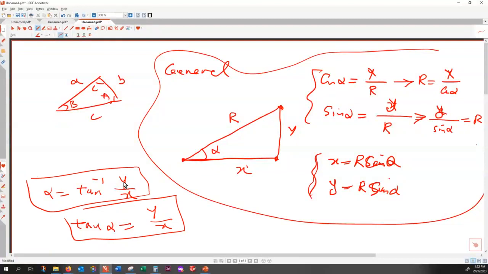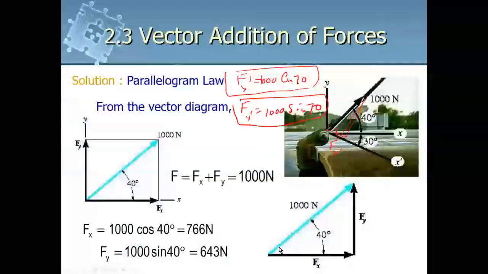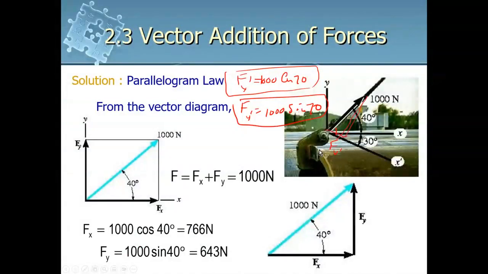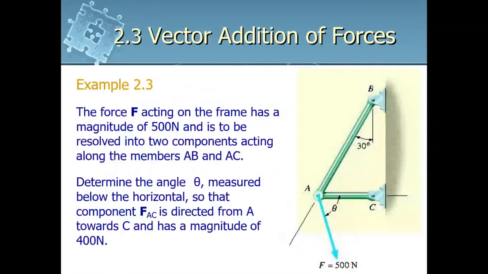So if you are provided with y and x and you want to find alpha, you use this equation. If you are provided with alpha and x, you know that y is x tan alpha. So these are different ways of writing the same expression, and make sure you do enough practice. And when it comes to a certain problem, you use that.